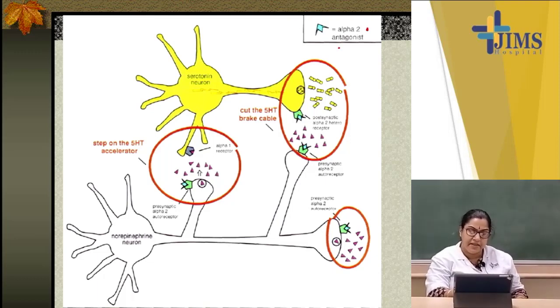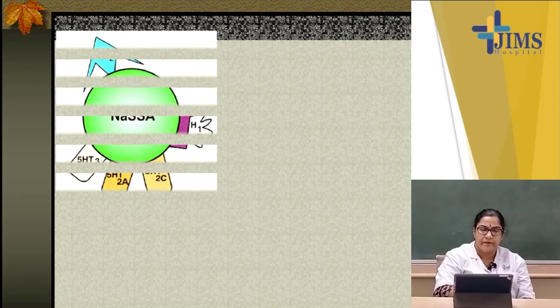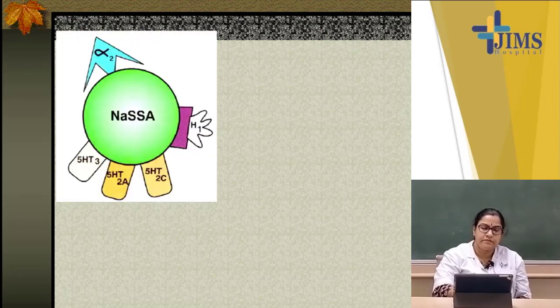Even on the postsynaptic side, the alpha 2 autoreceptors are also blocked, leading to what? There will be 5-hydroxytryptamine accumulation. So ultimately there will be an increase in this transmitter, and there will be well-being of the patient. So all the NaSSAs, which have action on the autoreceptors, also act on the 5-hydroxytryptamine 2A, 3 and 2C receptors.